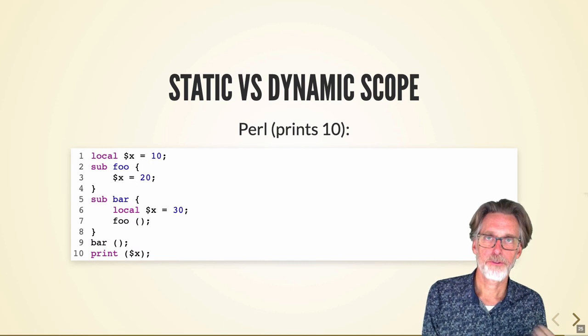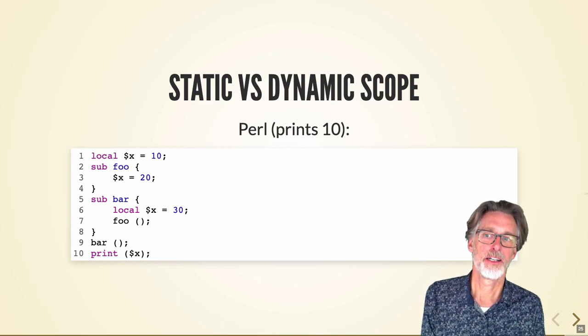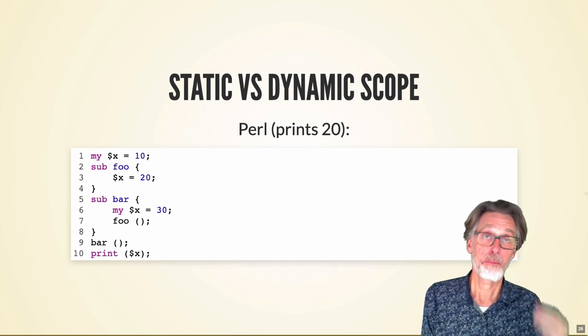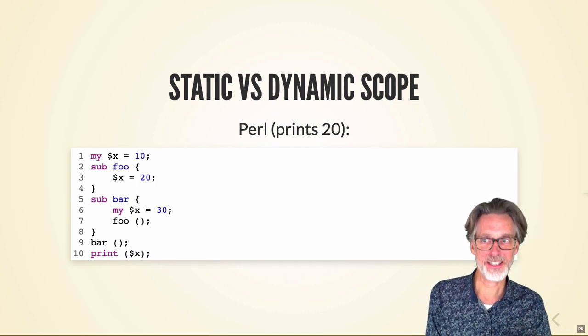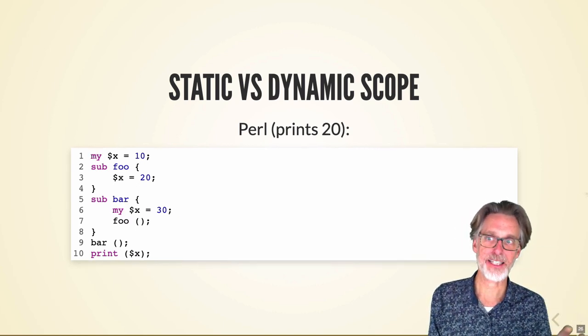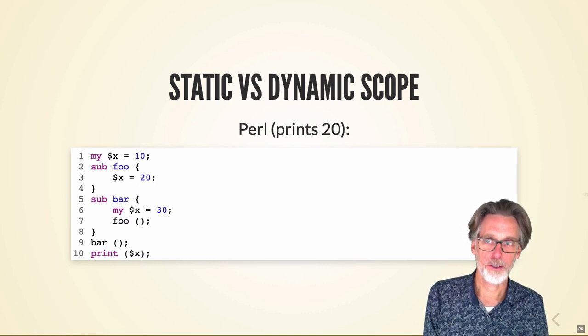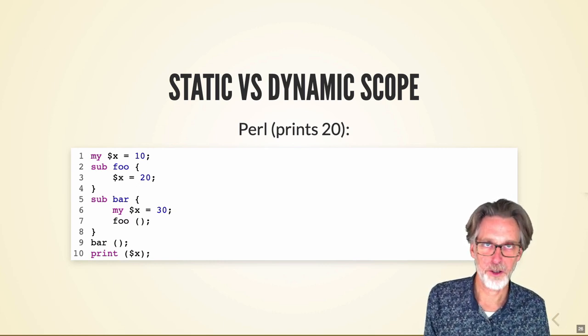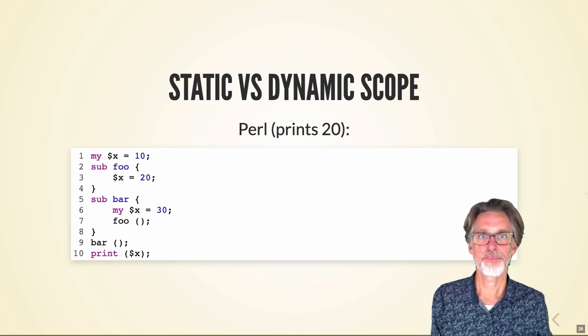When Perl first added local variables, it got this wrong, and they later added my variables to fix this. The old syntax for local is still there, and then the new syntax for my. One of the style rules for Perl is to never use a local declaration, always use a my declaration.